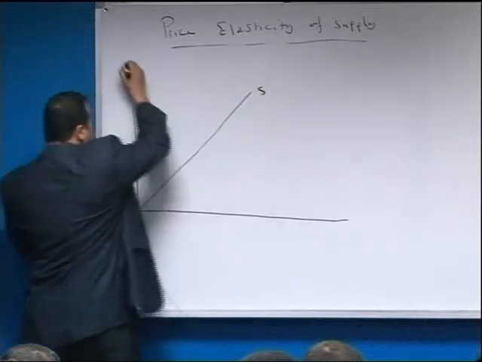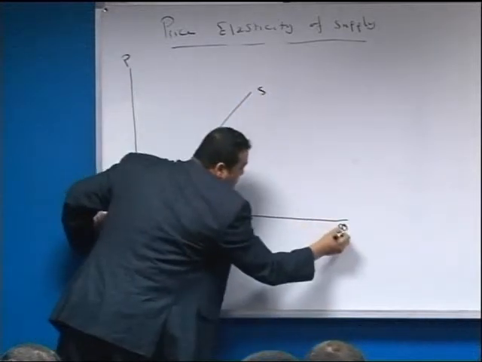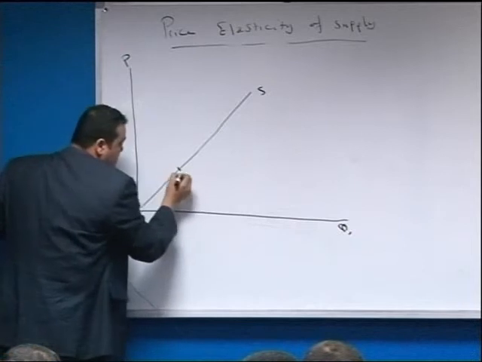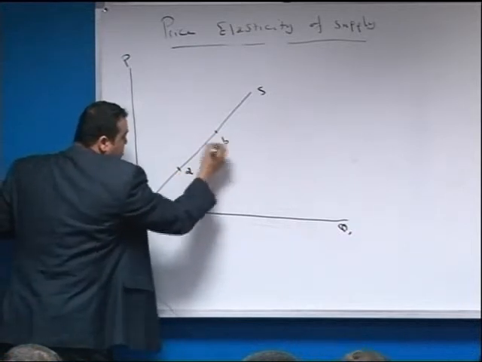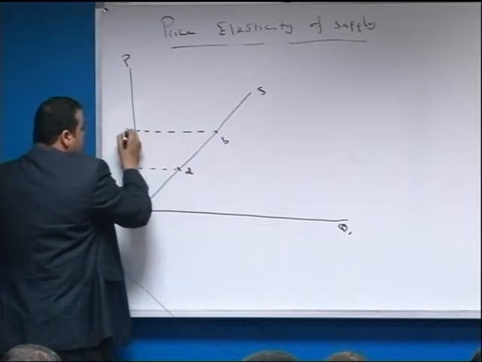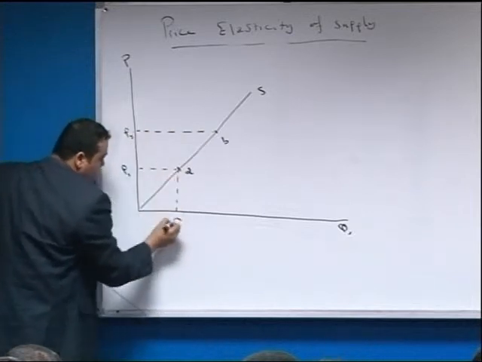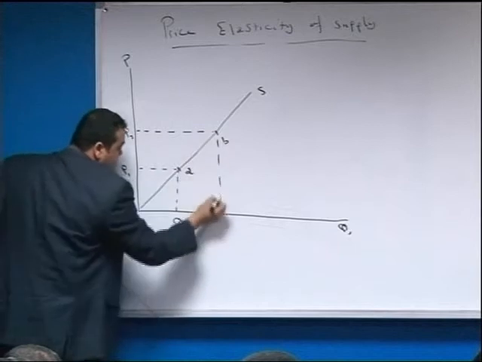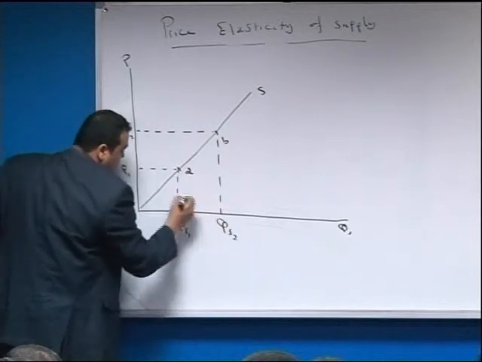S, P, QS. This is point A, point B, price 1, price 2, QS1, QS2.